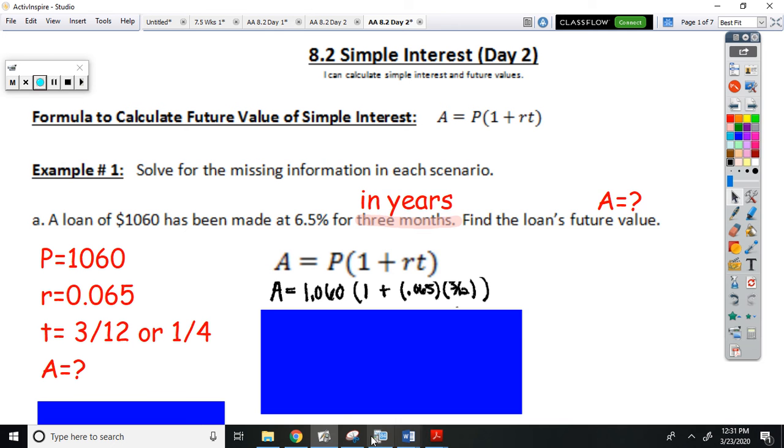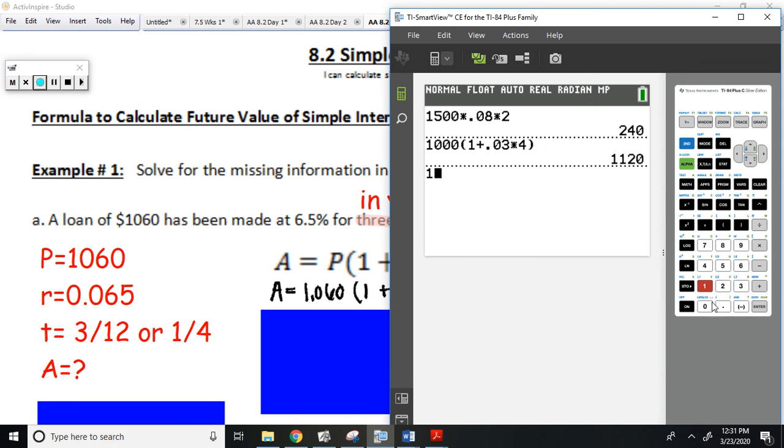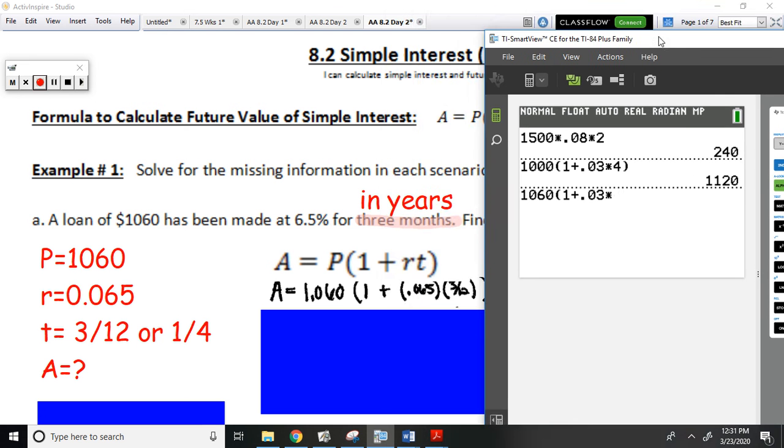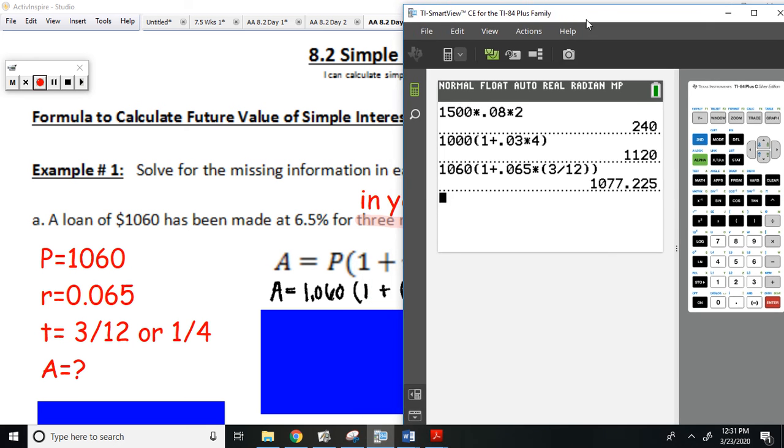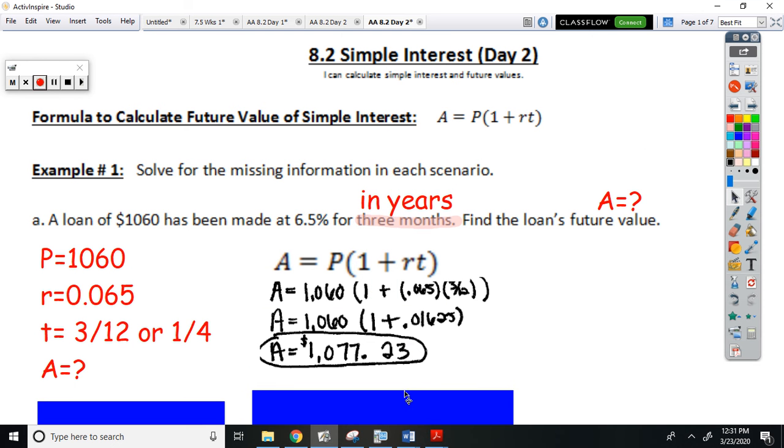And you can literally just type that straight in your calculator as you see it. 1,060 times 1 plus 0.065, and usually for the fractions I put them in parentheses, so I do 3 divided by 12 and close it off. And that gets me $1,077.23. Again, always round to the nearest hundredths, please.